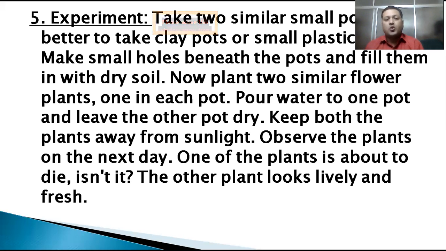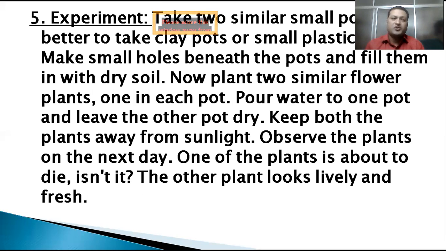Students, one thing is very important. We know that without water plants definitely do not survive. We know this truth, but how can we prove it? Definitely, you have to take two plants with pots. You give water to one plant and you do not give water to the other, and you will observe the differences.